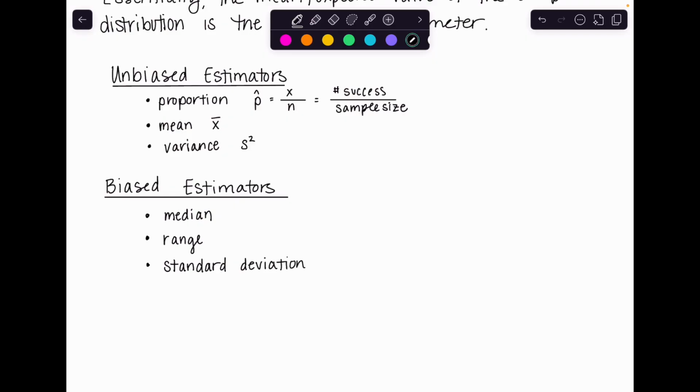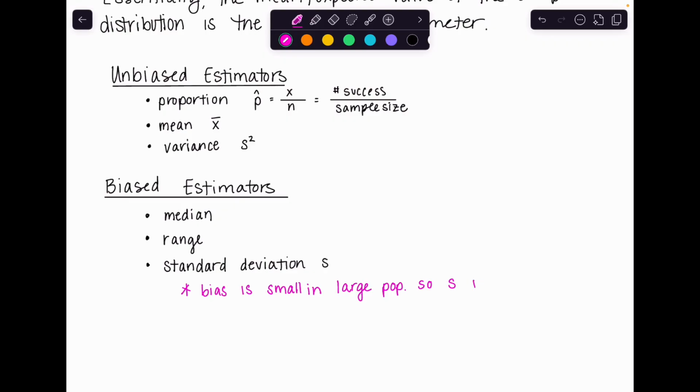There is a little caveat with standard deviation. When you're dealing with a large population, the bias is very small. So in that case, we will use the sample standard deviation to estimate.